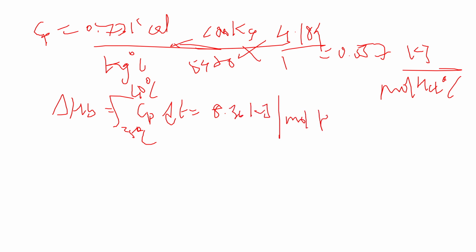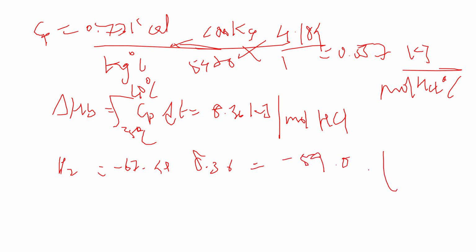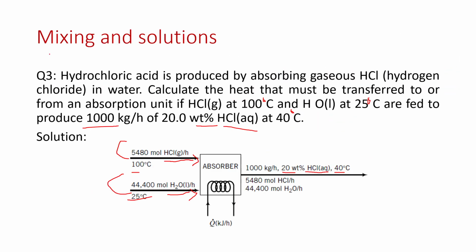So since we have obtained both these values, we can calculate the H2 also, which will be equal to minus 67.4 plus 8.36, which is equal to minus 59.0 kilojoule per mole HCl. So finally, we will do the energy balance and apply these values in the formula. These are here.